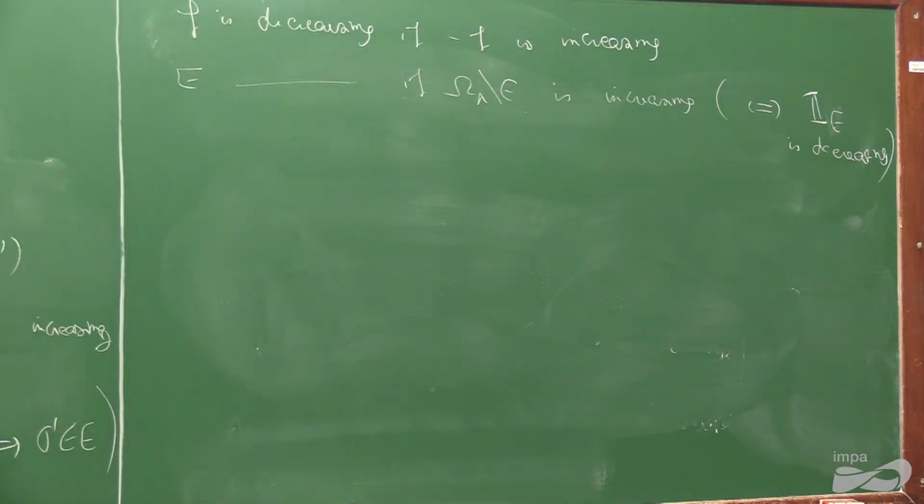So what does the FKG inequality say? Well, it says that increasing functions are positively correlated.